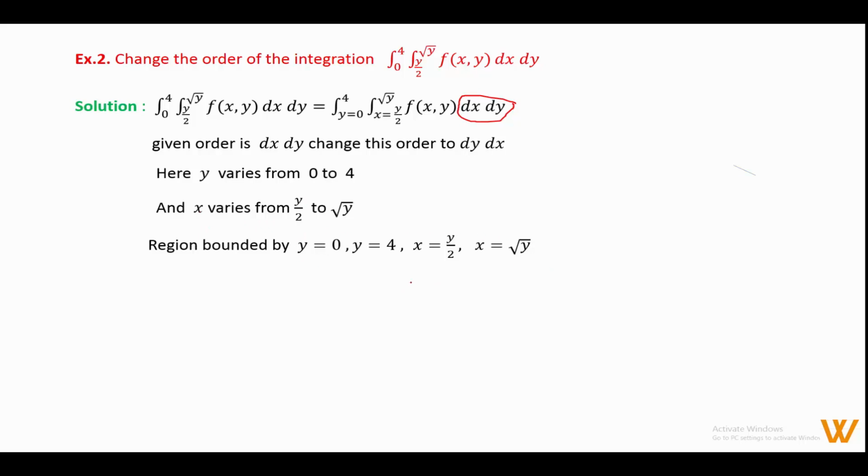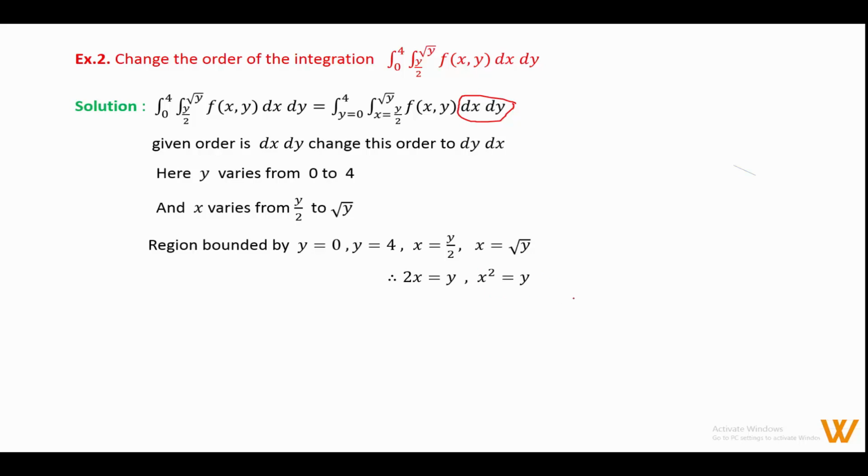Now simplify these equations. First two equations as they are, y is 0, y is 4. Now this equation, multiply by 2, so we get 2x equal to y, and in this equation, squaring both sides, we get x square equal to y. First three equations are equations of lines and this last equation is the equation of a parabola.